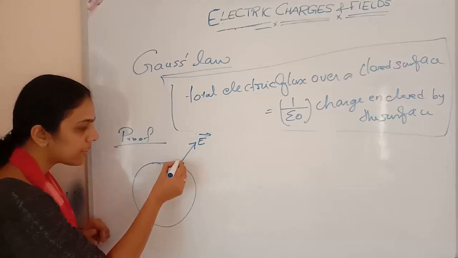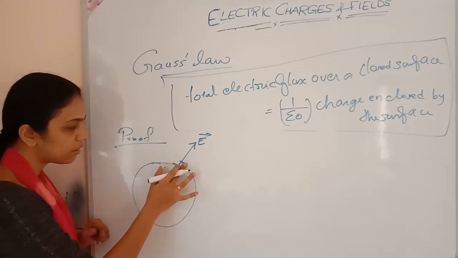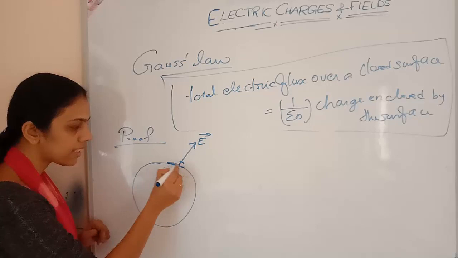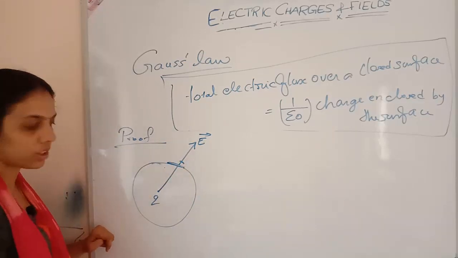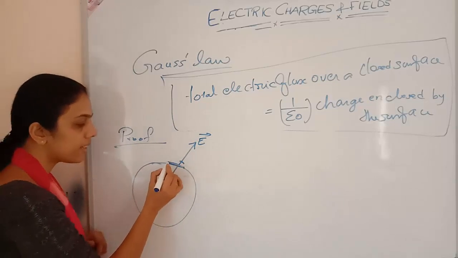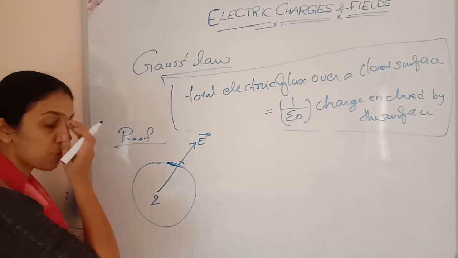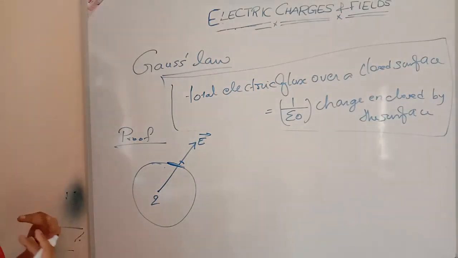So this surface I am considering over here. Here on the surface I am considering a sphere, a point distribution of charge. So I am considering the flux enclosed in the surface. A small surface ds I will consider first. After that I will find out the total electric flux.